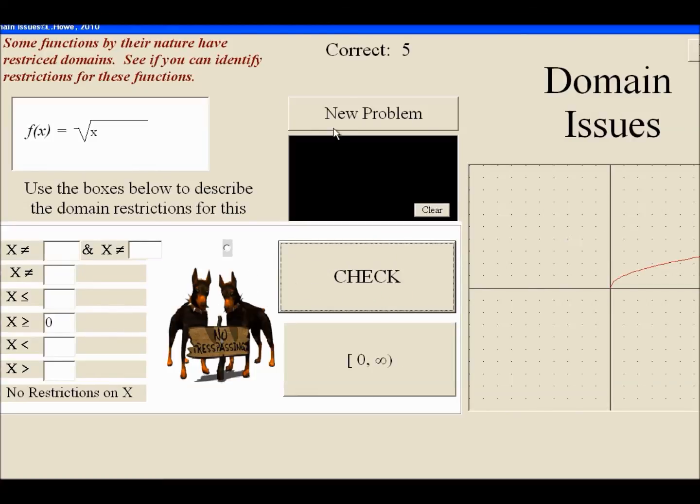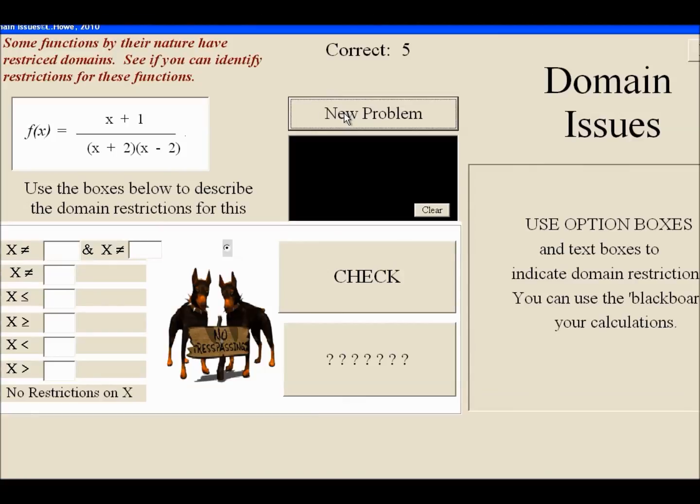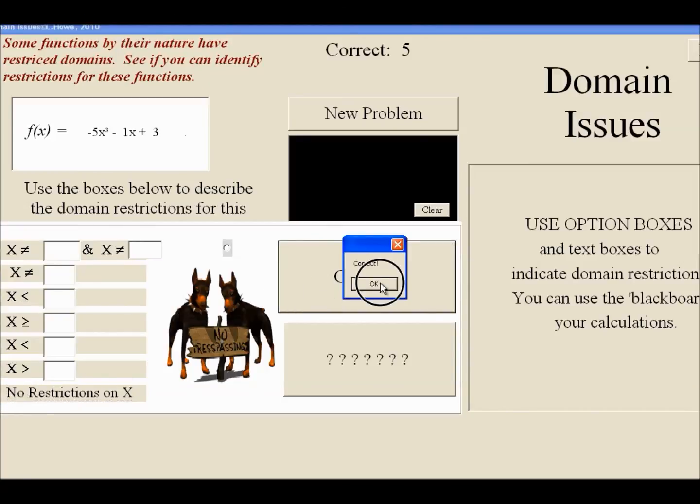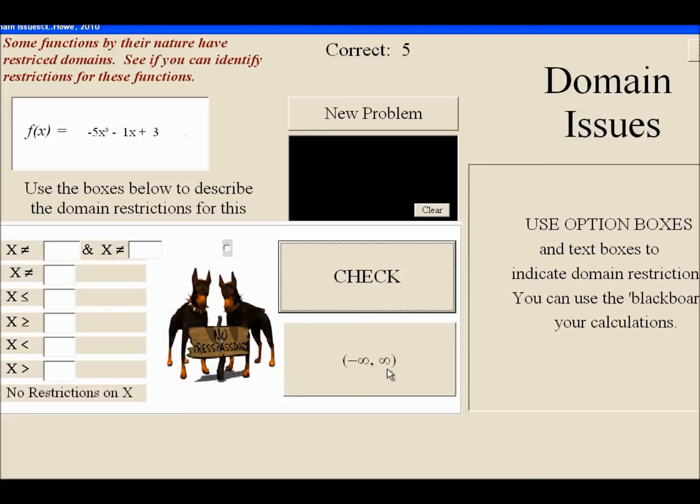Let's just look and see if we missed something. These are things where there are restrictions. I don't think there's any restrictions on that cubic. It goes from negative infinity to infinity.